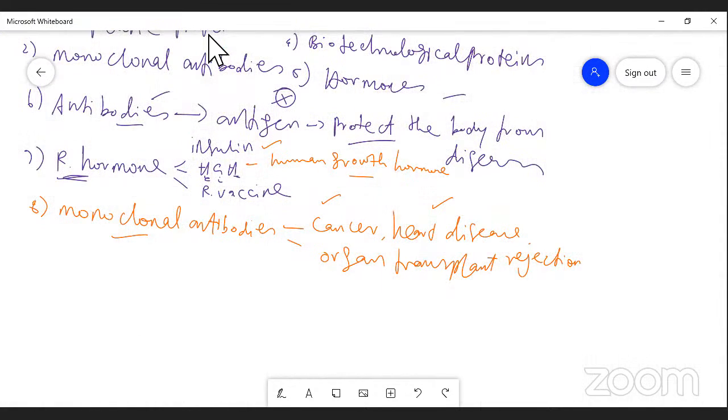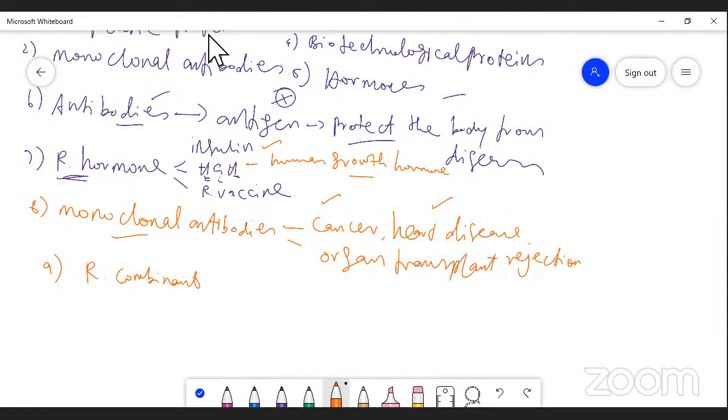And a recombinant protein, like human alpha lactalbumin. Very important, may be asked in the exam. Name this recombinant protein: human alpha lactalbumin.